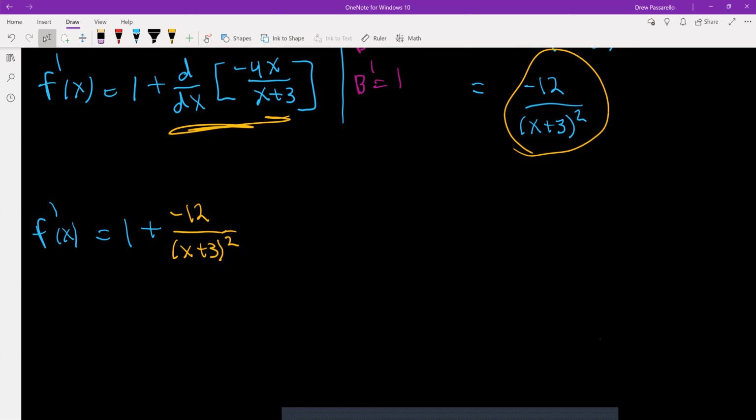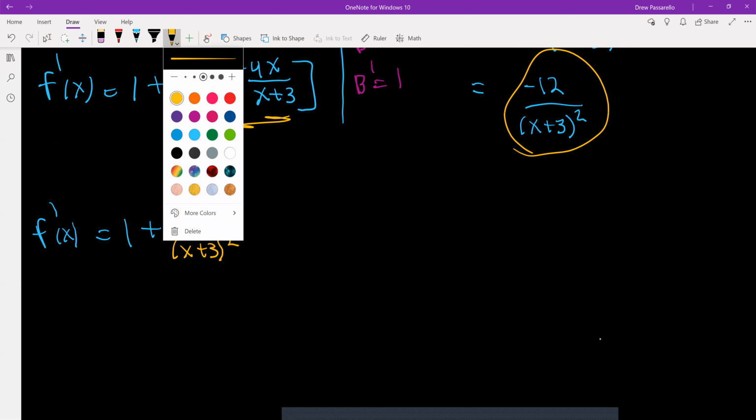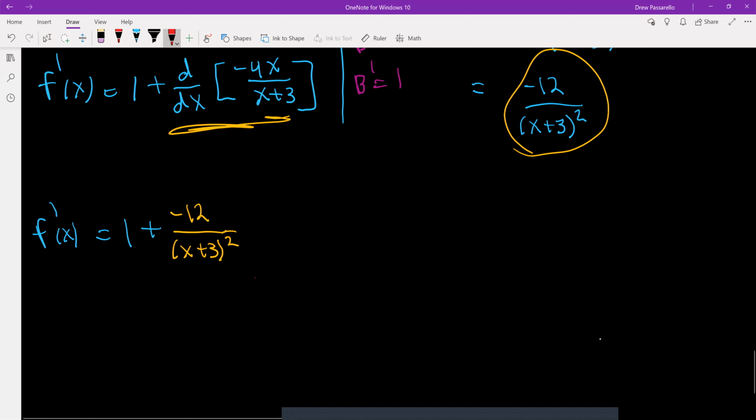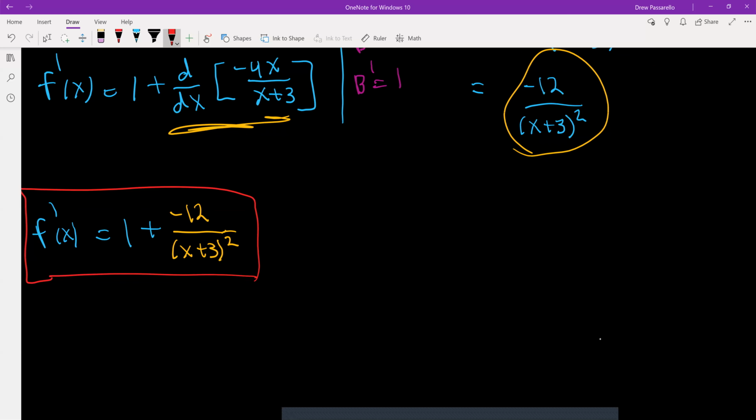And I'm okay with this if you put this as the answer, but the textbook goes further and combines it into one fraction.